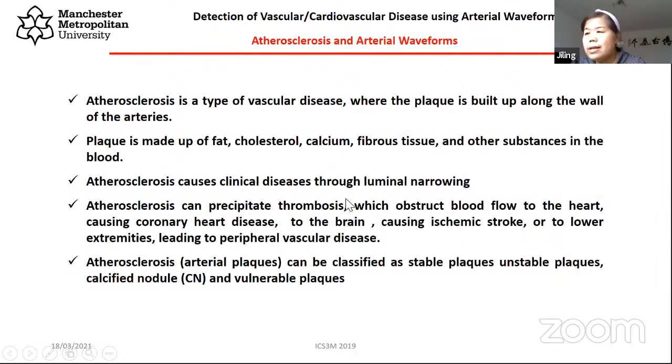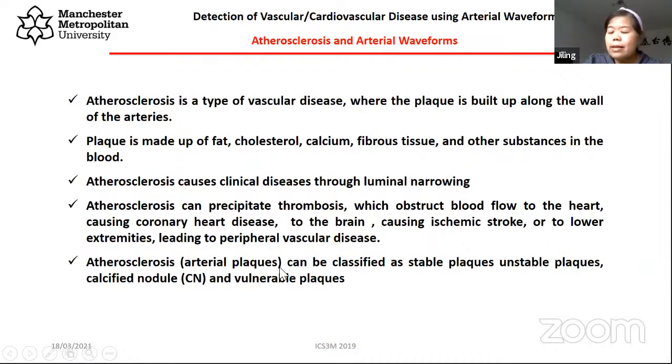And if it occurs in the peripheral artery, it will cause peripheral artery disease. So the composition and the structural features of atherosclerosis are very important to understand the arterial disease. And also atherosclerotic plaque can be classified as stable plaque, unstable plaque, and calcified or vulnerable plaques.